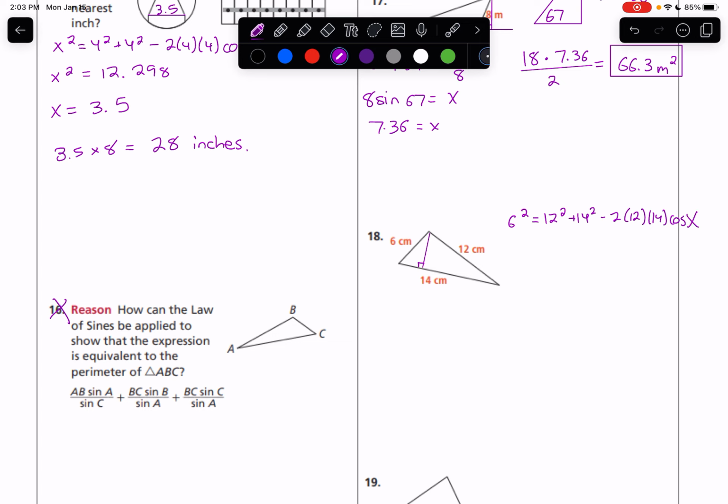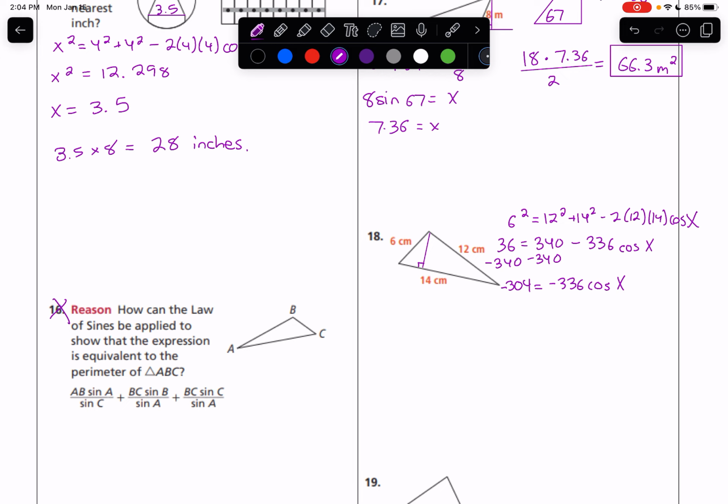And then I'll solve this. So 6 squared is 36. 12 squared plus 14 squared equals 340. Minus 2 times 12 times 14 is 336. Cosine of x. Next, I'll subtract 340 from both sides. That gives me, actually, negative 304 is equal to negative 336 cosine of x.